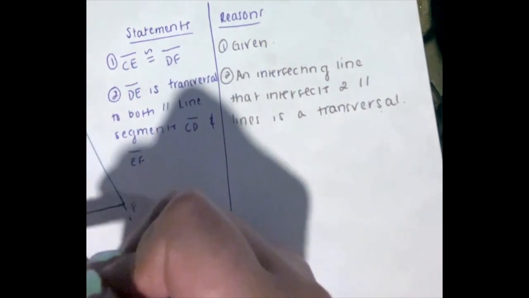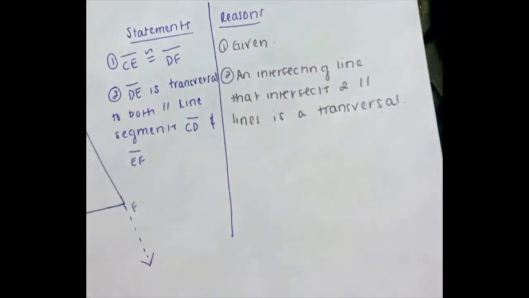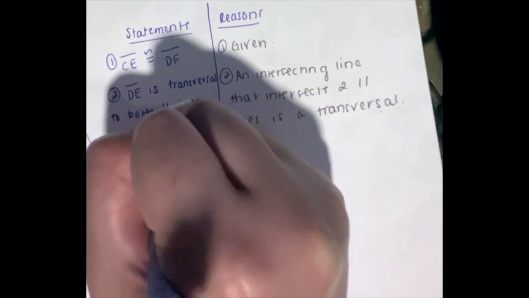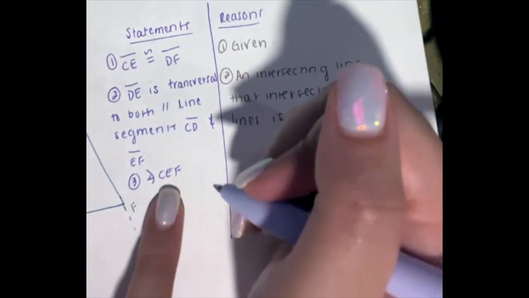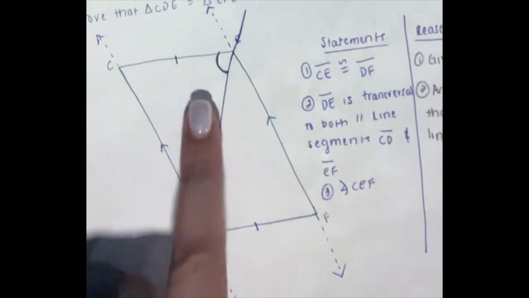So we needed to say this statement and reason first in order to prove why this angle is congruent to this angle. So let's write that. For number 3, angle CEF, and you have to make sure that the E is in the middle of that term, angle CEF, to ensure that we're talking about this angle particularly.